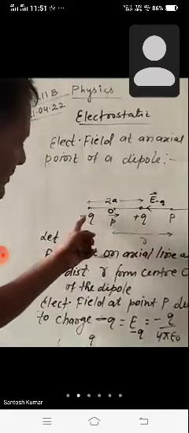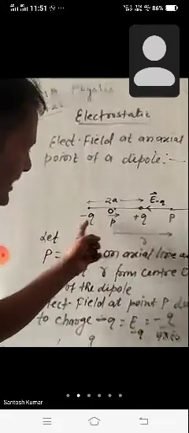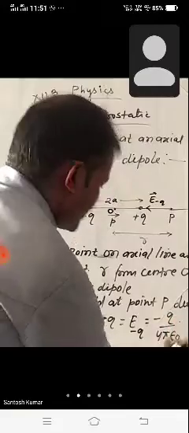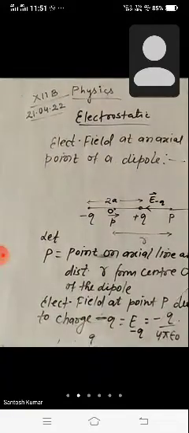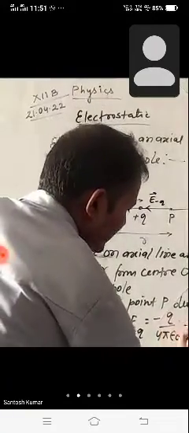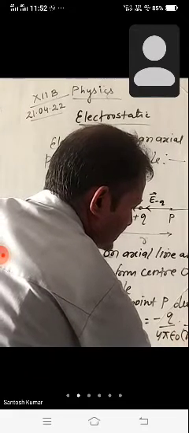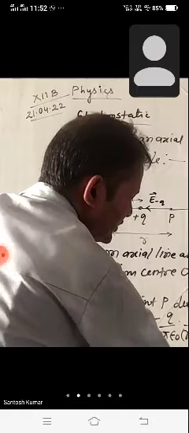Just see, this is r and this distance is a. So the distance becomes r plus a, so 1 by (r plus a) square, and this is times a unit vector p.